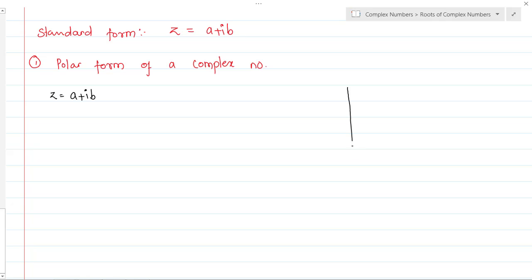Suppose I have this one axis. Now I am drawing the Argand diagram for this a plus ib. This is the real axis. This is a quadrant, the same quadrant which we have studied in our lower classes. This will be the x axis and this the y axis.